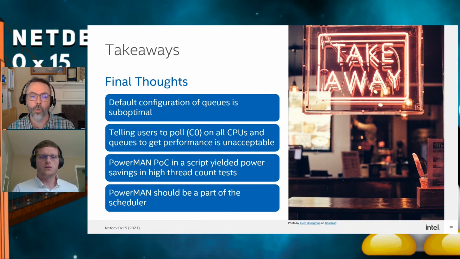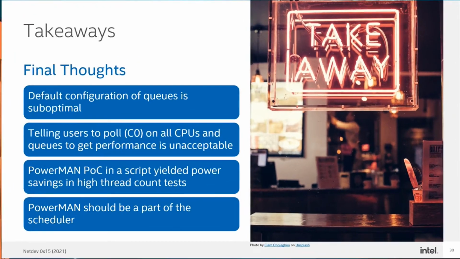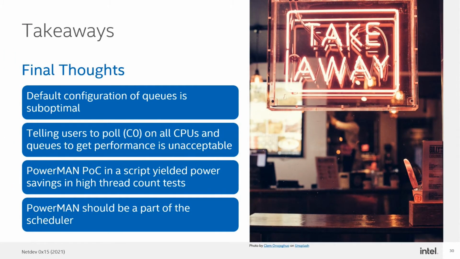There should be some middle ground here where we can get good power utilization and not drop packets or have latency unpredictability. The PowerMAN proof of concept, we believe, yielded obvious power savings in high thread count tests.